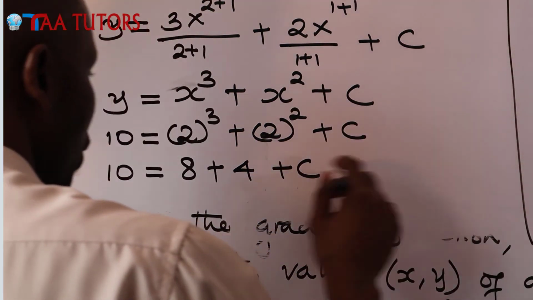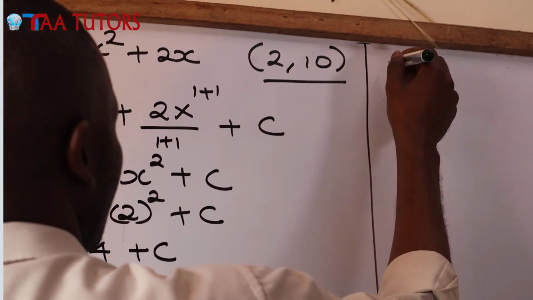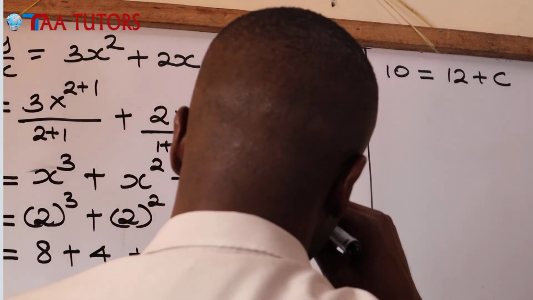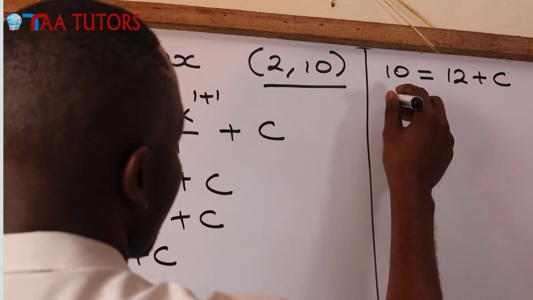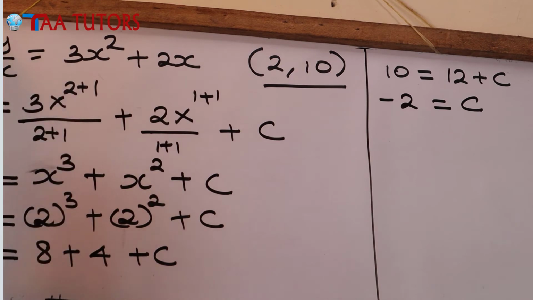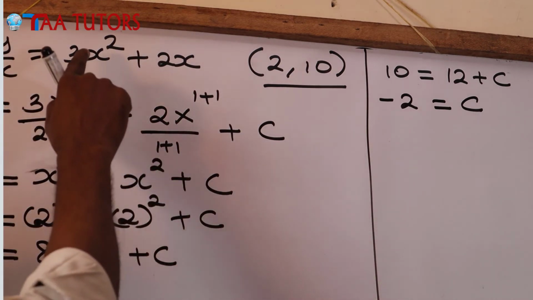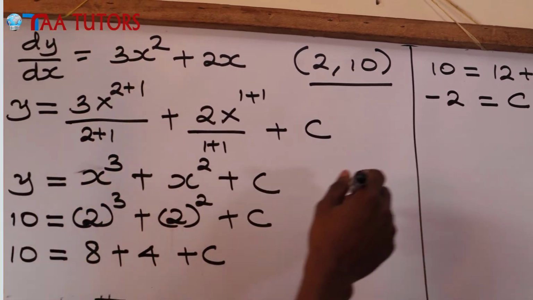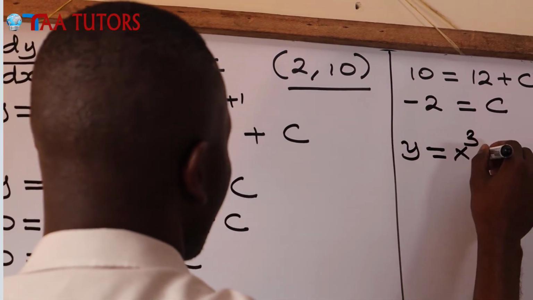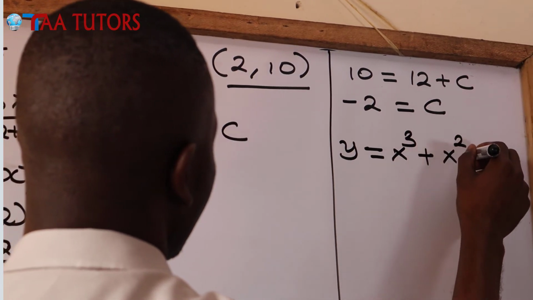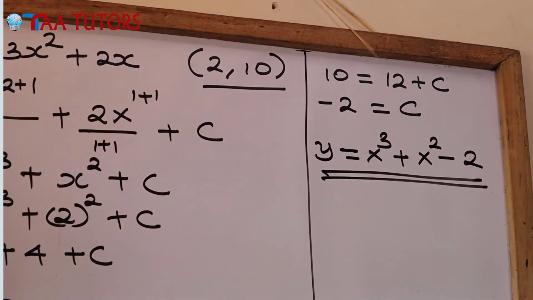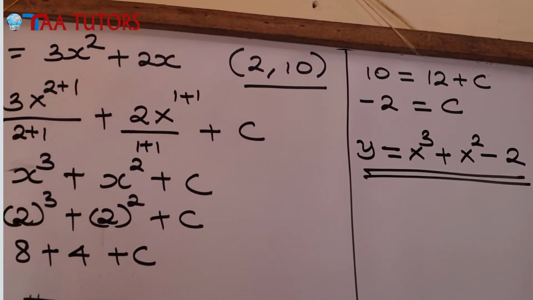If we move forward, we are going to have 10 equals 12 plus c. If you bring 12 here, it will be negative 2 equals c. So we can therefore substitute c for the integrated value, which is y. y equals x cubed plus x squared minus 2. This is now the actual function of the curve.